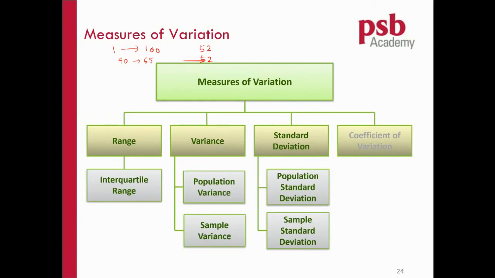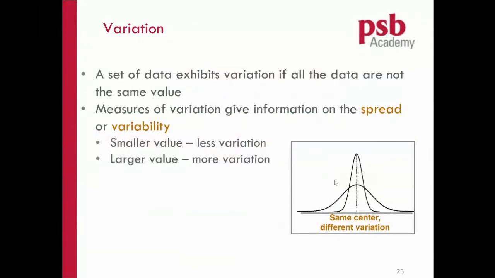Okay, so we have some measurements here: the range, variance, and the standard deviation. For the range, you knew it from the very first lesson. The biggest value in the data set minus the smallest value is called the range. Let me go through one by one first, and I'll come back to this diagram.